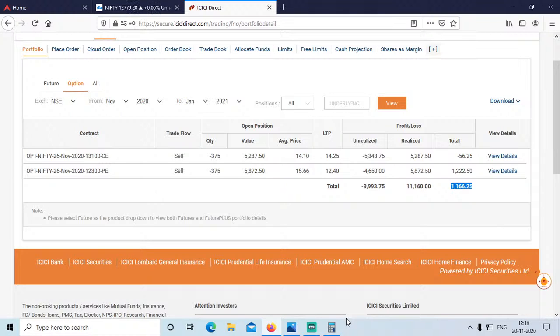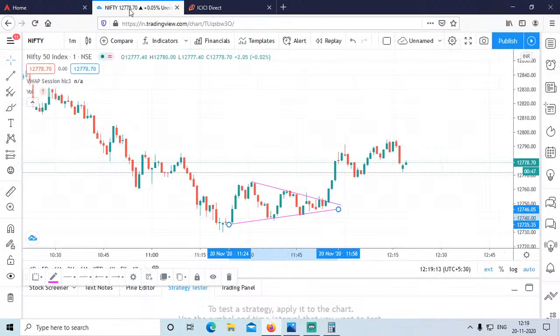I think we are happy to square it off at these positions. Market 12,777. Okay.